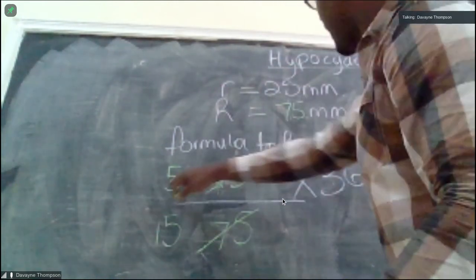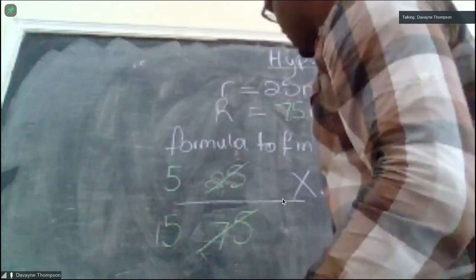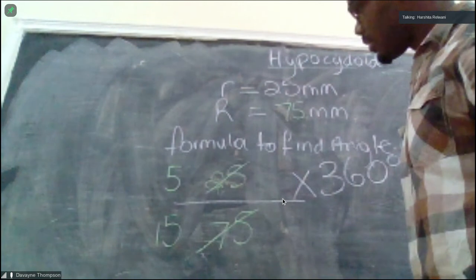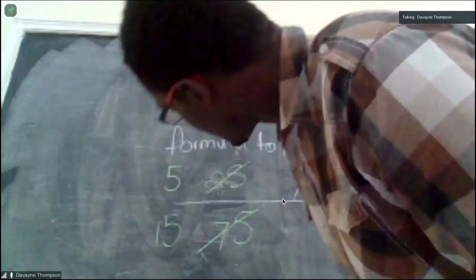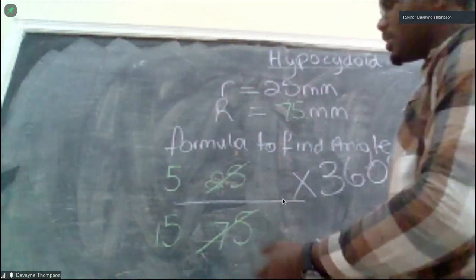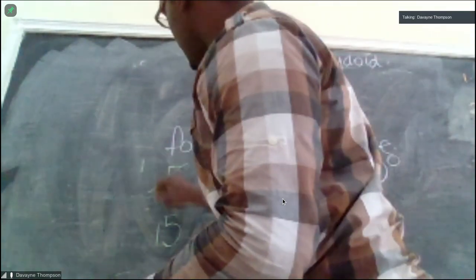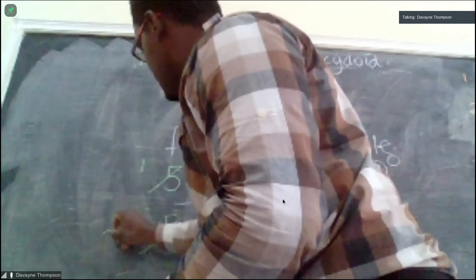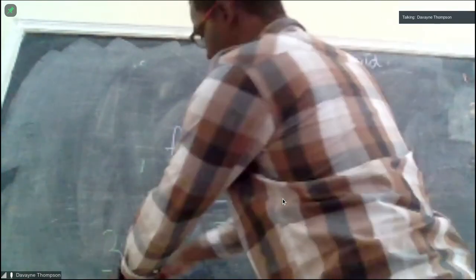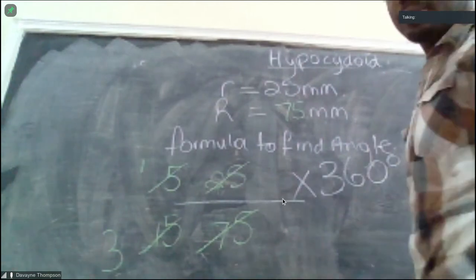So what's 5 times 360? Sir, couldn't you simplify that more into like a third? You could. 5 into 5 goes 1, 5 into 15 goes 3. So what is 360 divided by 3?